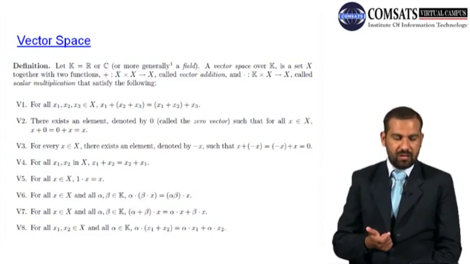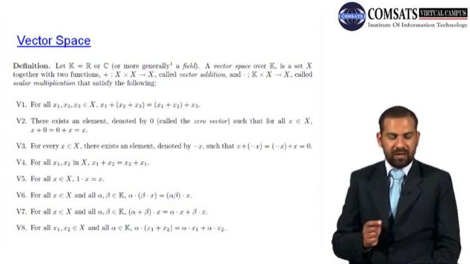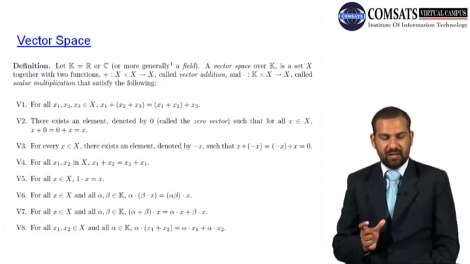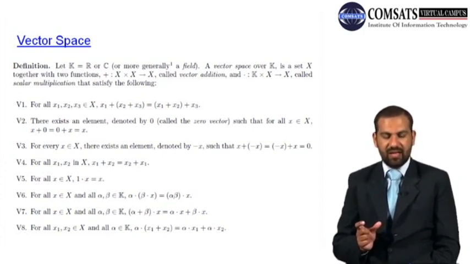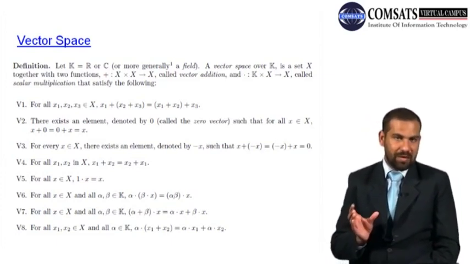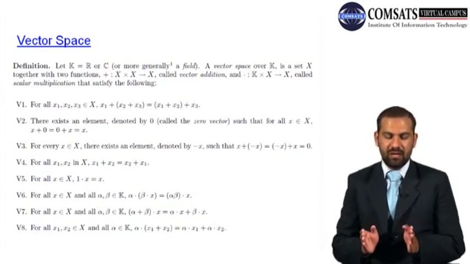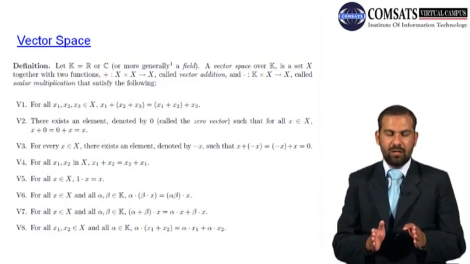So the third property of the vector space is that whenever you pick any element x from that set, there exists an element denoted by minus x, sometimes called the additive inverse. The additive inverse of each element must belong to that set.